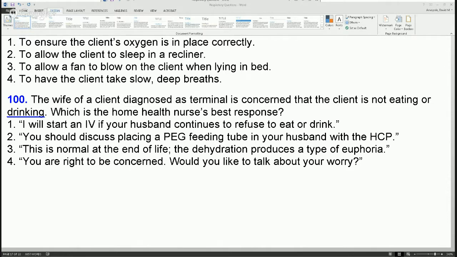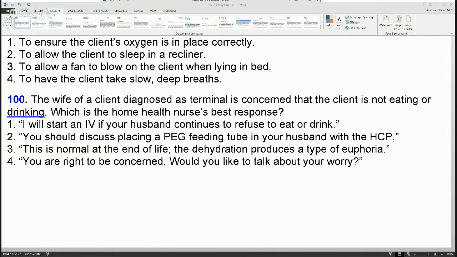It doesn't say that they're in hospice either. The wife of a client diagnosed as terminal, not eating or drinking. I don't like this question. I don't either.